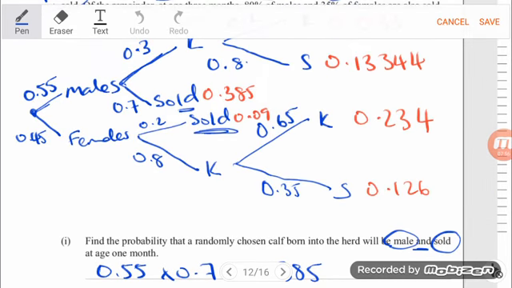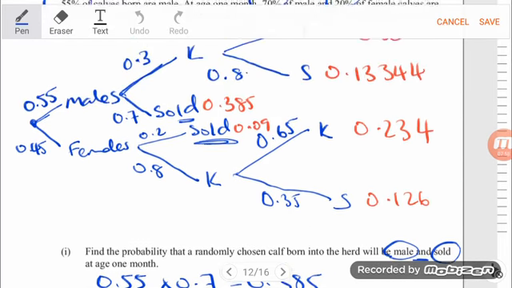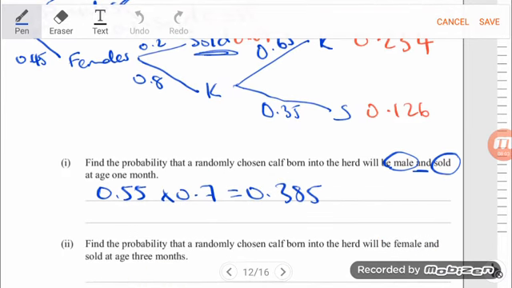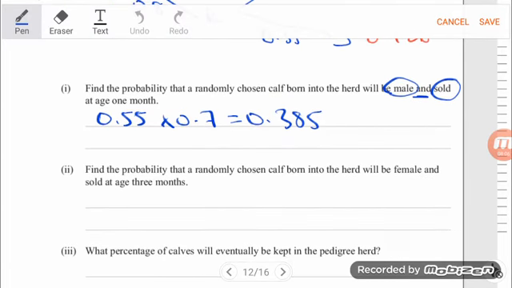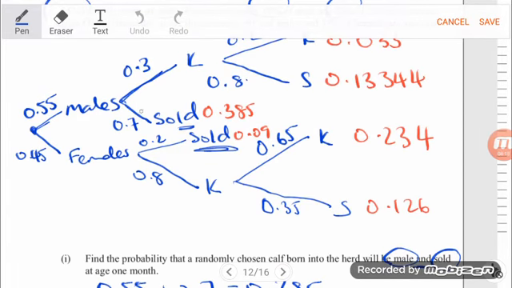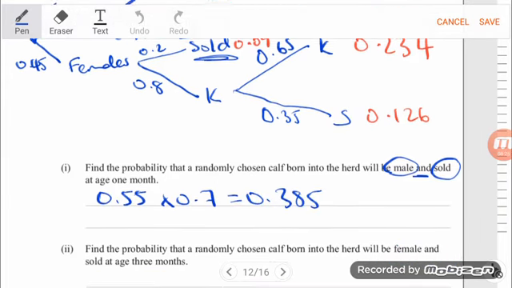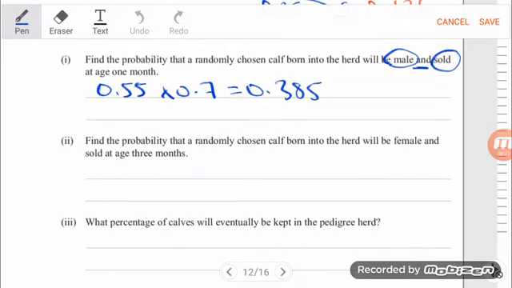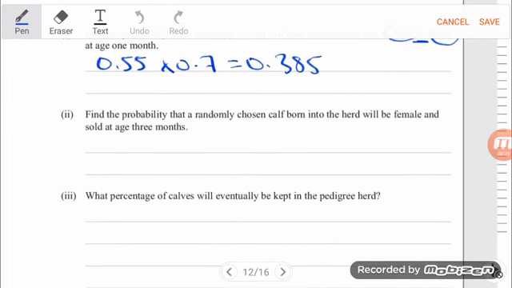If you didn't write all this working during your exam, then I really do suggest showing your working. That's so that when you go to check through your paper, you know exactly which numbers, and especially when it says and sold, you can double check your probability tree and see that sold is 0.7, where you might have accidentally done 0.3 before. I know I'm quite prone to doing stuff like that.